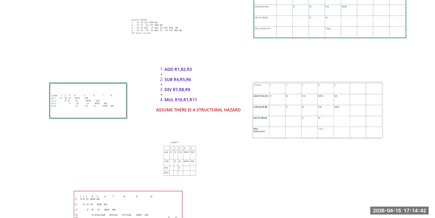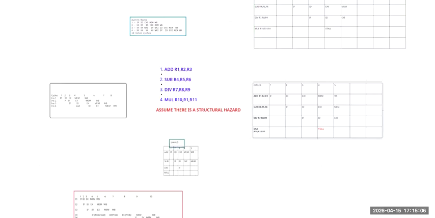At this stage, again, instruction 2 and instruction 4 both try to access the memory. So again, it will stall. It will not be allowed inside the pipeline.